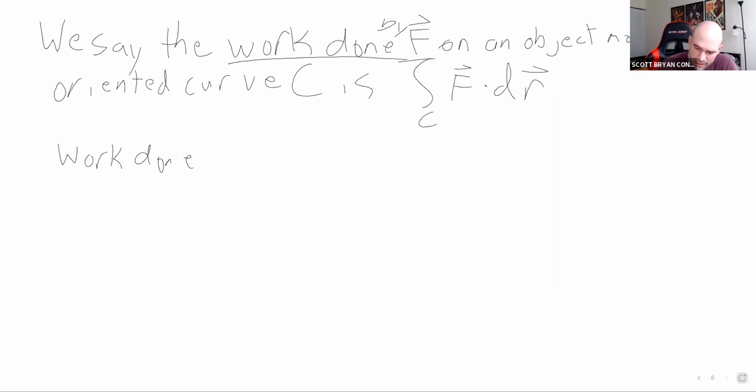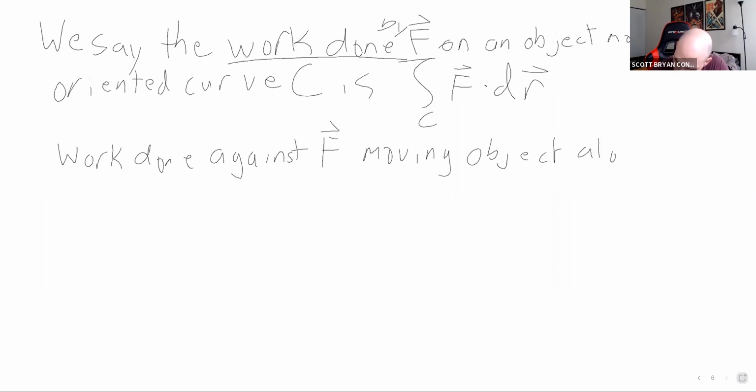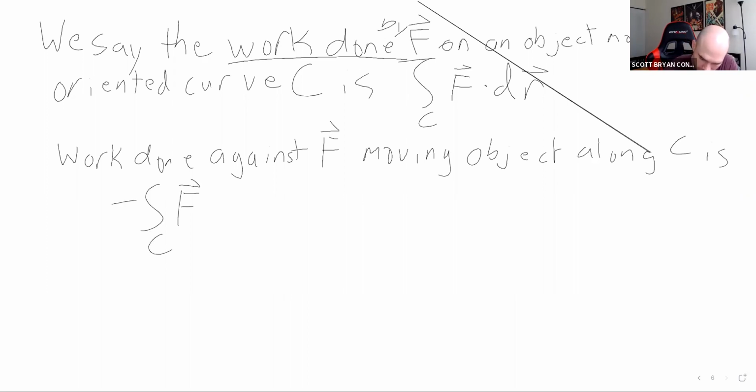So you could also say the work done against a vector field F. So the work you need to do against F to move an object along a curve C is going to be the negative of the integral over the curve C of F dot dr. So the work done by a vector field is the integral of the vector field.